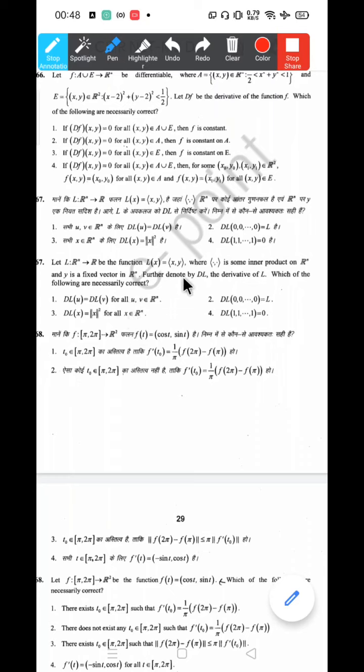Next, let us find what is derivative dL at 0 0 0. So this will be, they haven't told me at which point.